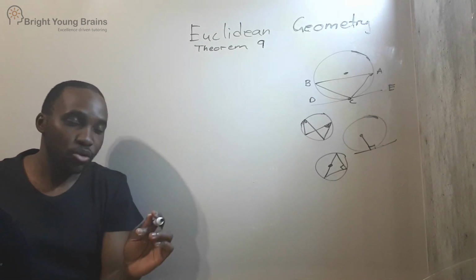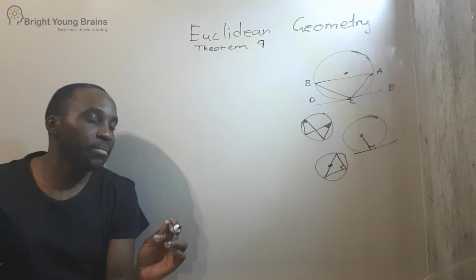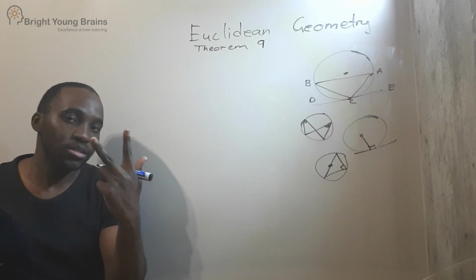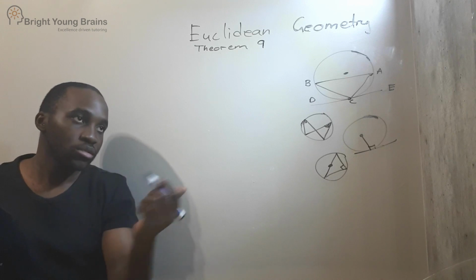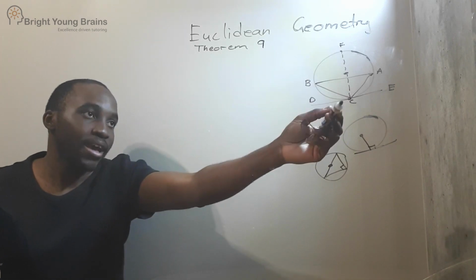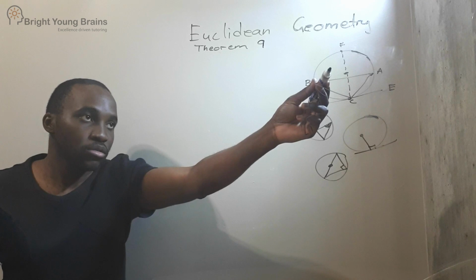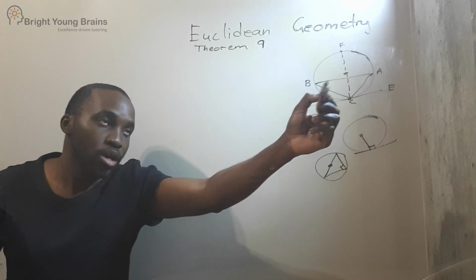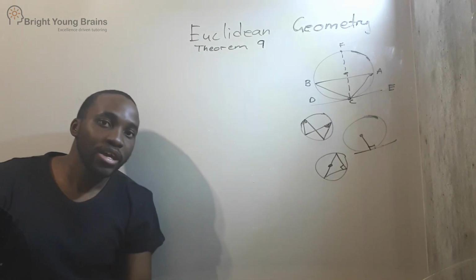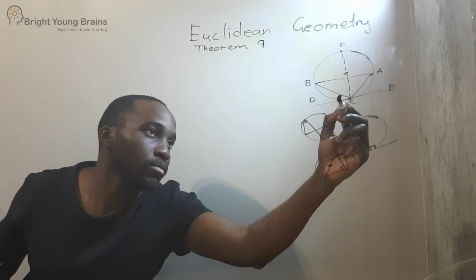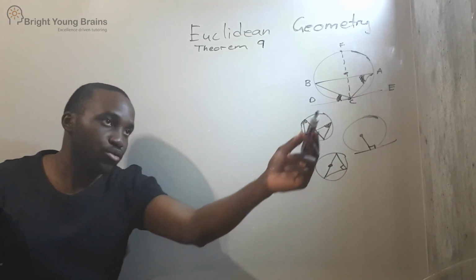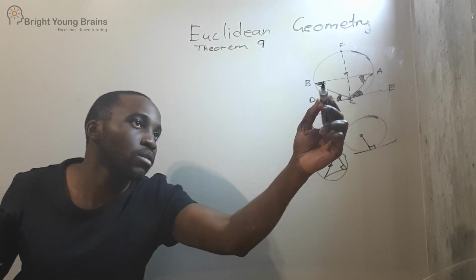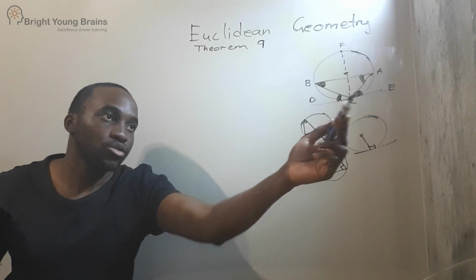So with this theorem, we need to keep in mind that to prove it, we need to construct two lines. That construction will always have the diameter of your circle, and then your other line will either go to B or go to A, depending on whether they're asking you to prove that these two are equal, or that these two are equal.